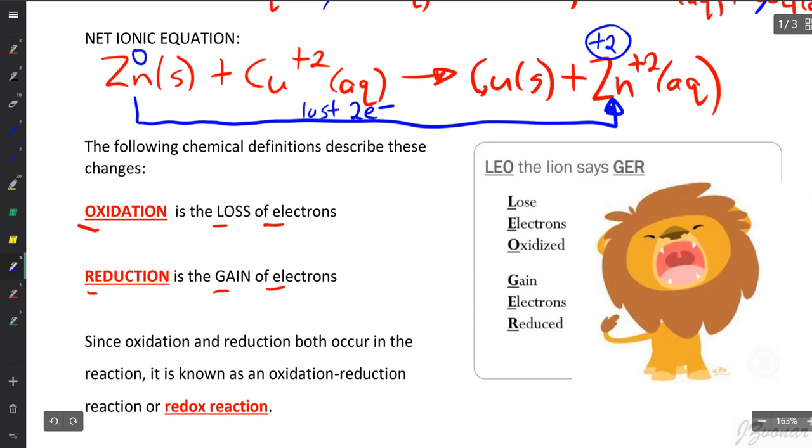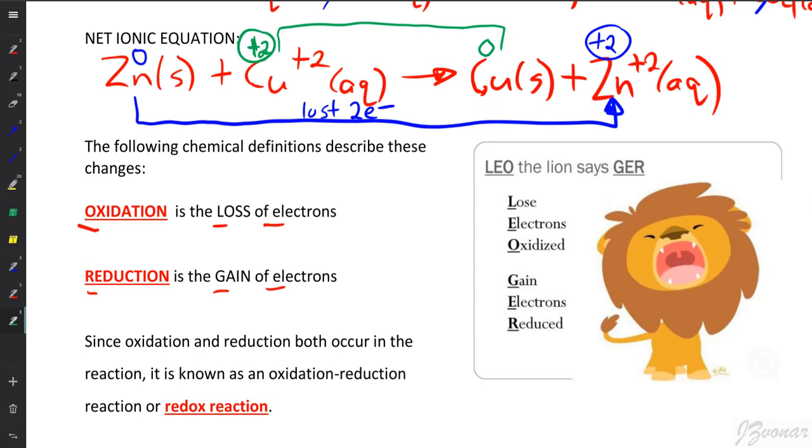While we see that copper has gone from an ion with a charge of +2 to its elemental form, which is neutral, with a charge of 0.